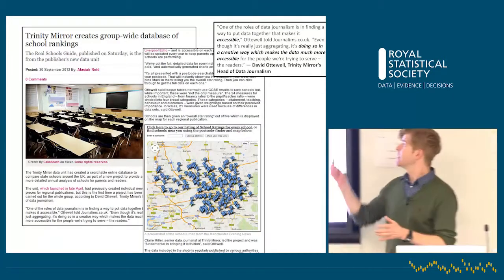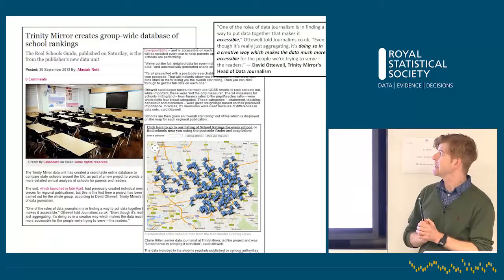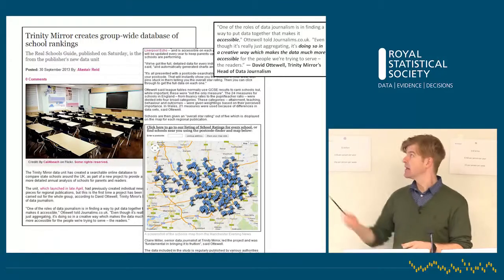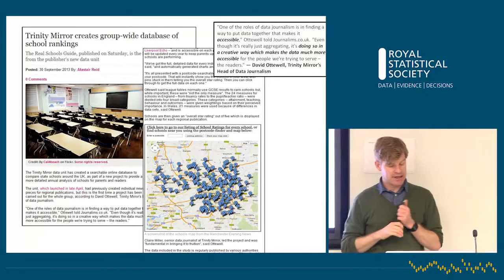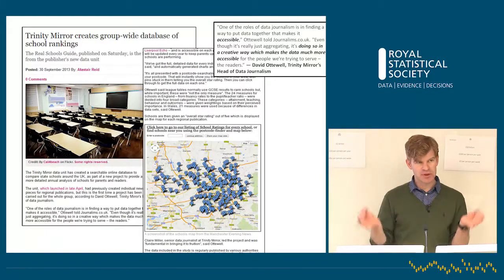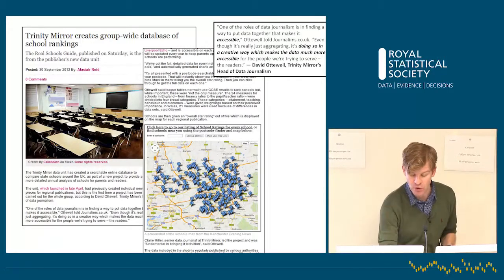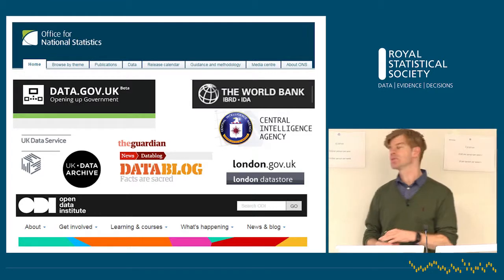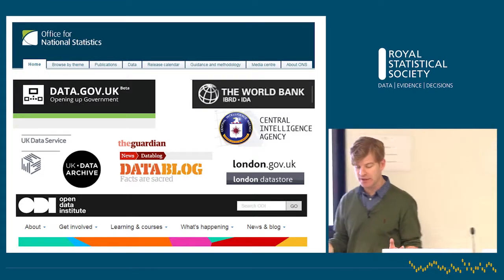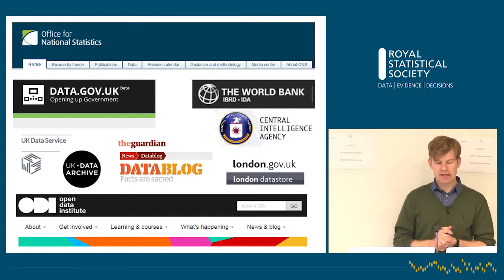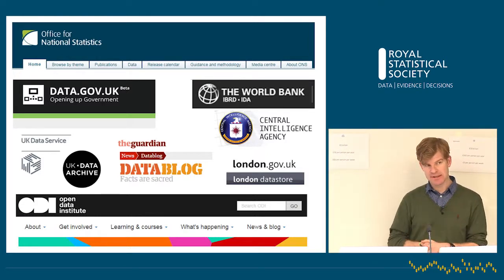So in this quote from the head of the Trinity Mirror's data unit, he expresses how important he feels it is that they're making the data more accessible than just, say, reams of tables. That isn't always possible. Sometimes data sets are just so big and so complicated that they're not always going to be in that sort of format. But in some instances, they certainly will be.